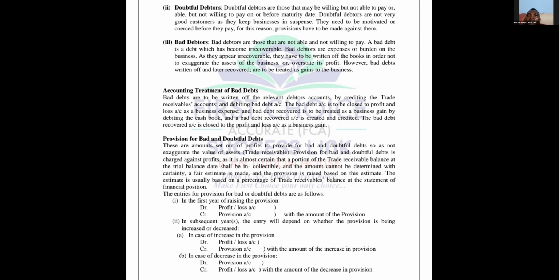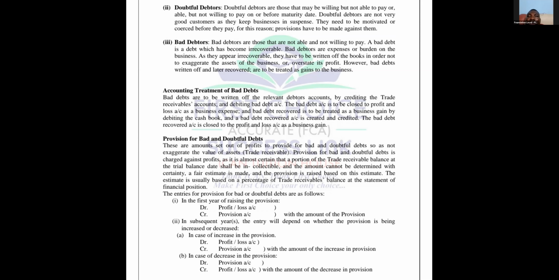It means there is a 50-50 chance of that person paying you. Based on your experience, I will not be able to take my 100%, but I might take 95%. So 5% of it should be my provision. Let me just make provision for it.